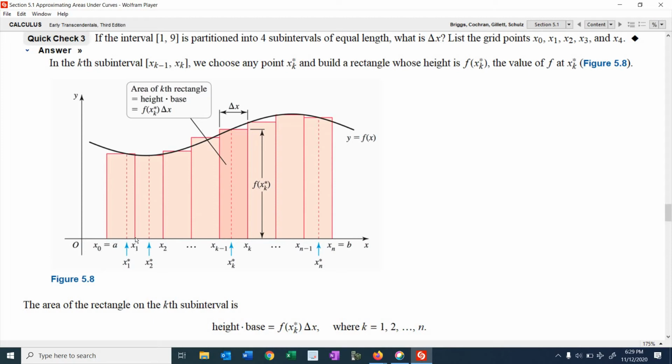So for example, this is the first subinterval. We're going to pick some point in this subinterval, and we're going to label that point x sub 1 with a star next to it. And then we're going to plug that point into the function. That's going to give us a certain y value. Then we're going to create a rectangle with a height of that particular y value.